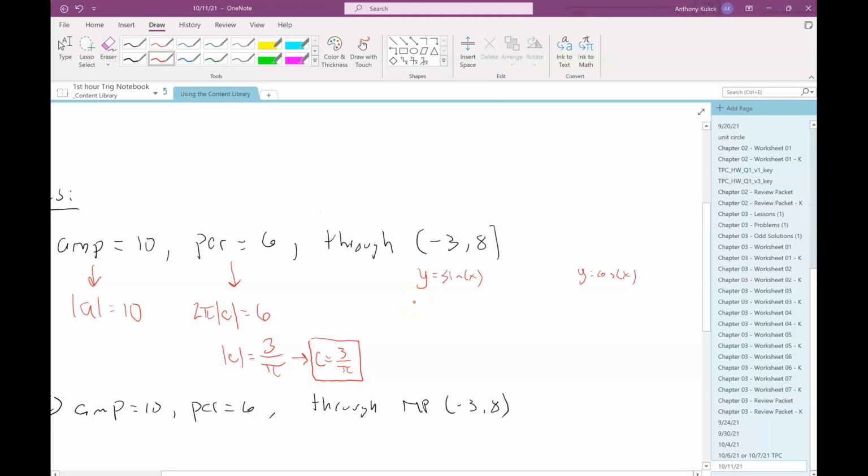So the easiest point to make (3, 8) if we're doing a sine function is to make it a midline point, because in the parent function, (0, 0) is a midline point.